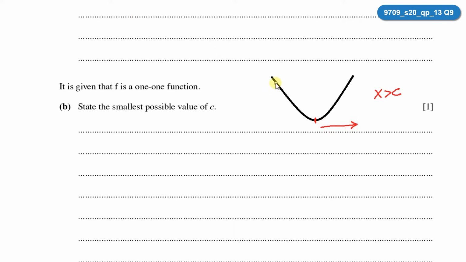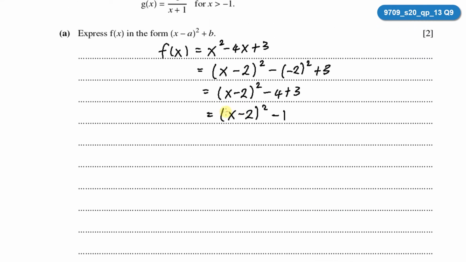So it means that all the part that is to the left is not relevant. The function is only defined for values of x that are greater than c. So all we need is to find the minimum point. We can deduce the minimum point from the completed square format of the function.